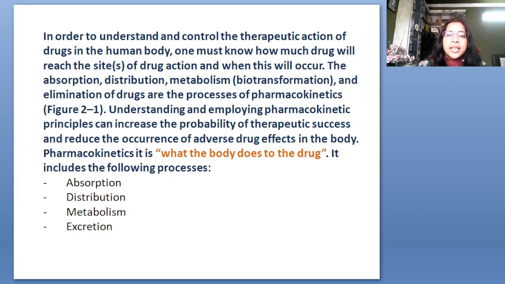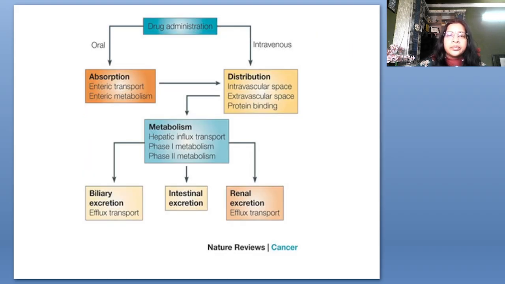In one line, we can say that pharmacokinetics is the aspect where we study what the body does to the drug. It is studied under absorption, distribution, metabolism, and excretion of the drug.